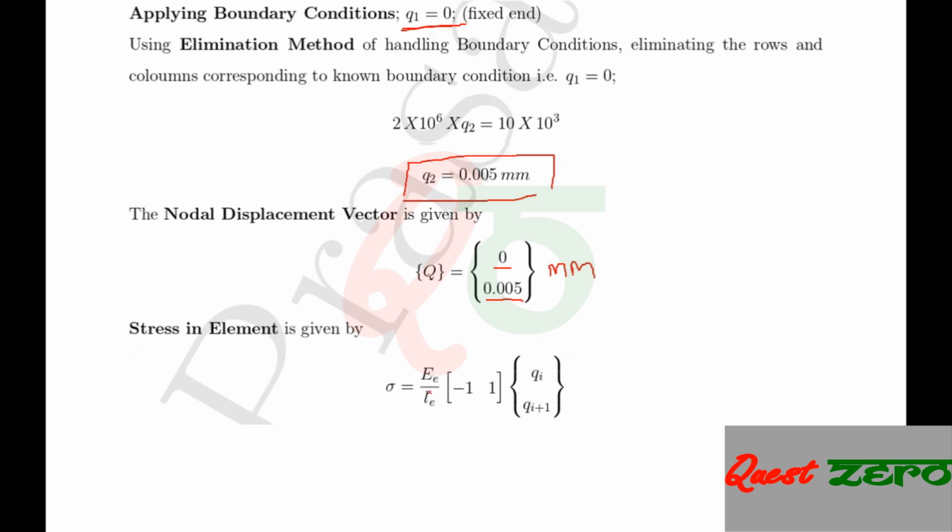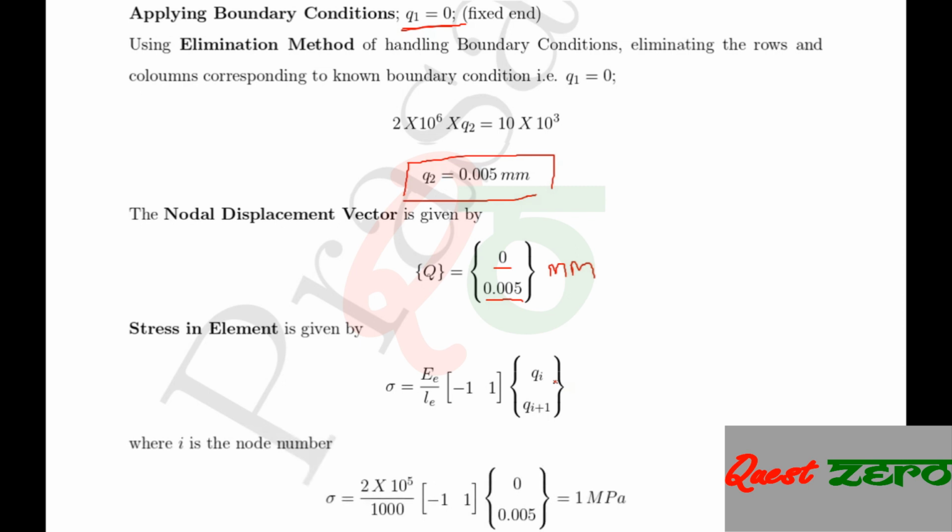So stress in element, we know the formula, sigma equals E suffix small e by L suffix small e times minus 1, 1 times Qi and Qi plus 1. As I told you, i represents the node number. So for the element that we consider, the first node is 1 and 1 plus 1 is 2. So Q1 and Q2 are the displacements. Q1 value is 0, Q2 value is 0.005.